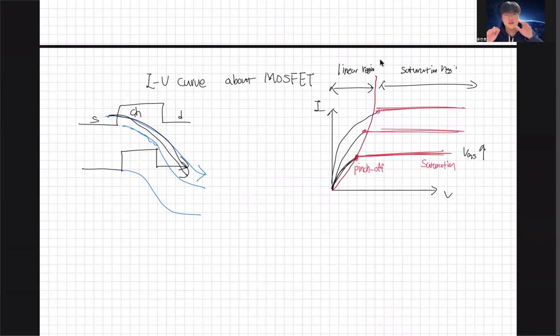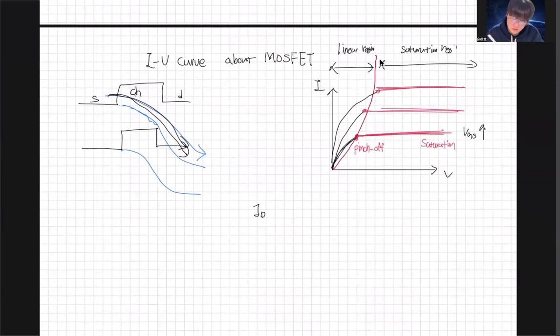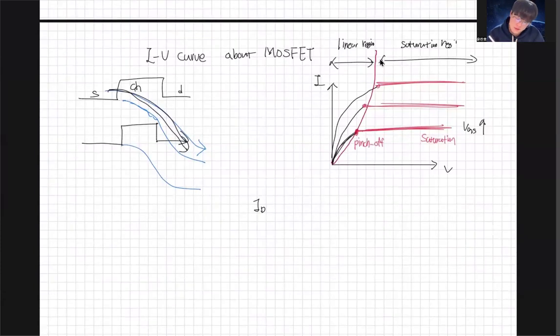And we can calculate the drain current ID.